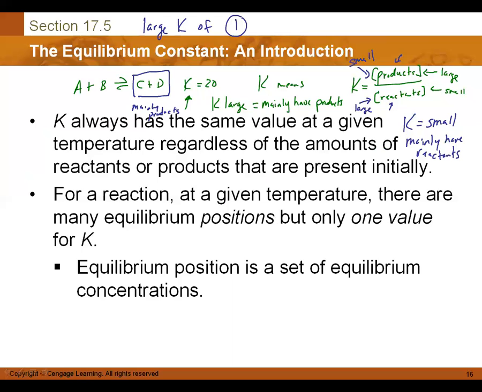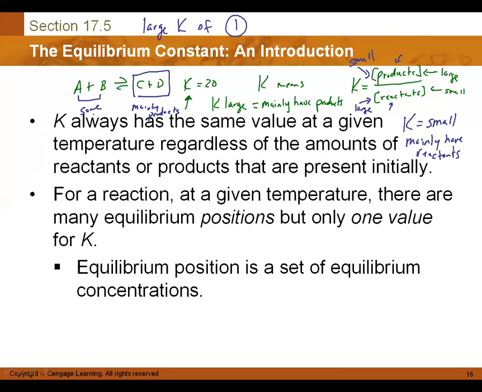But remember, again, it is still a reversible reaction. So although we may have mostly products at equilibrium, it does still mean that we have some of these guys still there as well. Otherwise, it would be just a one-way reaction. There would be no back and forth.